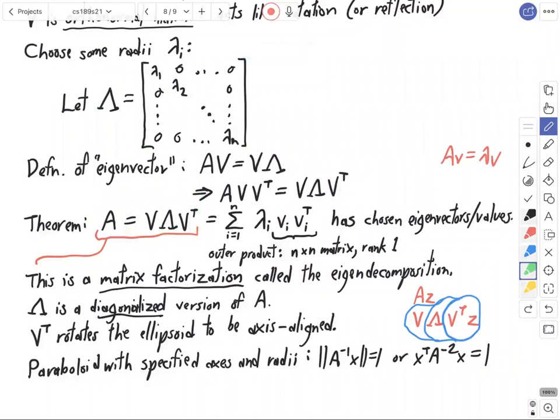Yeah, let's see. Someone is asking if you can repeat what the reason is for having that V transpose to rotate the vector Z if the diagonal matrix is axis aligned. I'm not completely sure what the question is, but maybe if I draw this, it will be a little more clear.